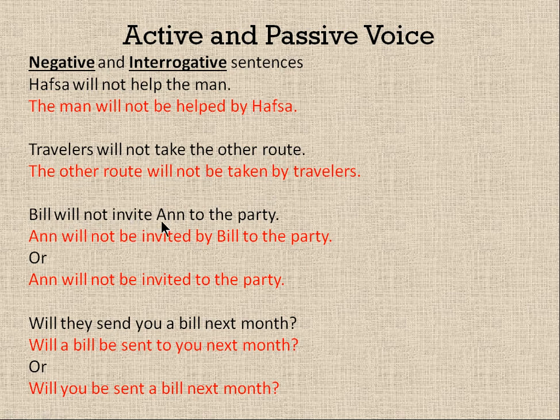Bill will not invite Anne to the party. Anne will not be invited by Bill to the party, or Anne will not be invited to the party. If you do not want to mention who actually doesn't want to invite Anne, you can omit by Bill.